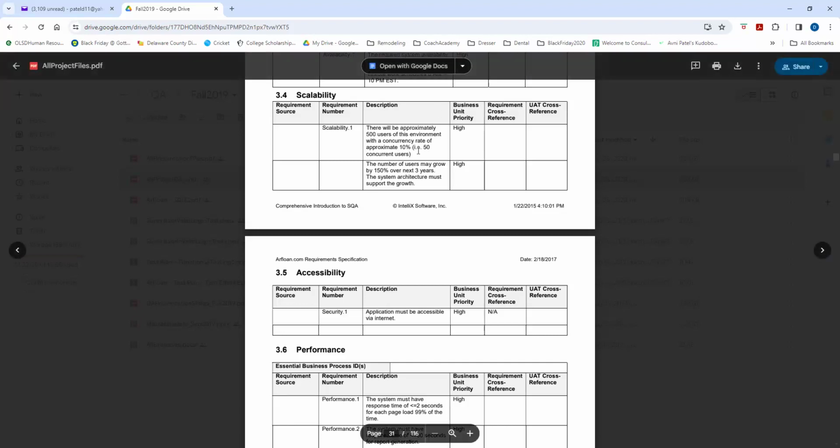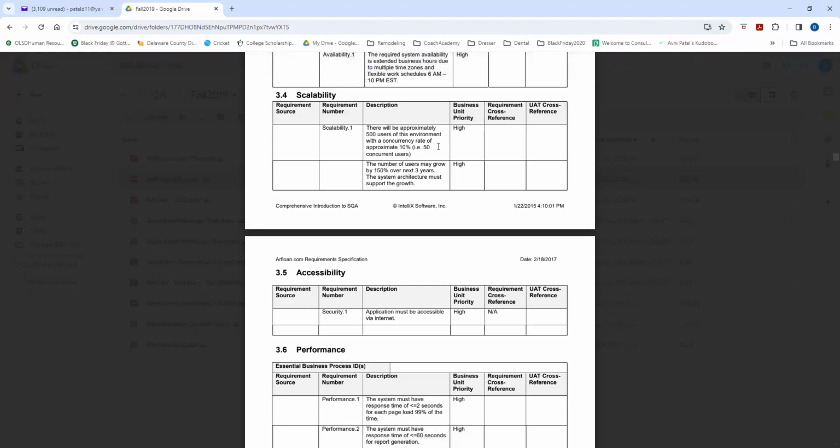Okay. So you need to test it and say, hey, if there are 50 users currently able to log in to the system, and when they perform their tasks, is the system response time still reasonable? If it's not, then you flag it and say, hey, the system is not meeting its scalability requirements.